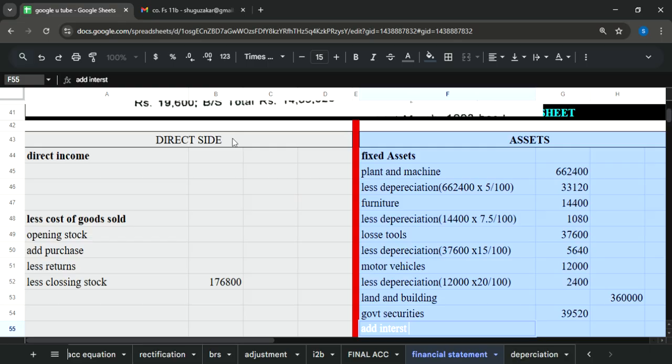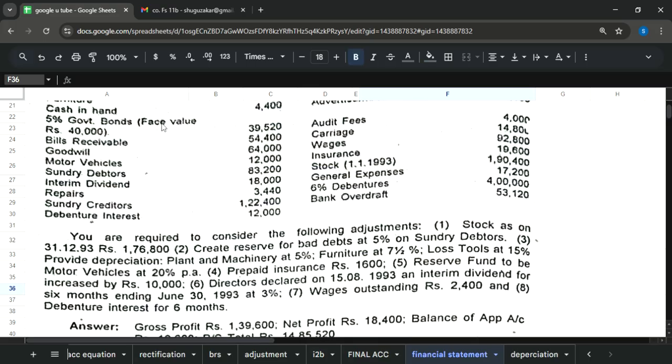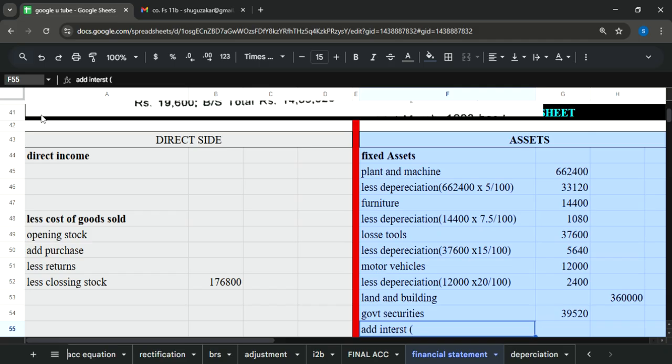Now we are going to calculate. For that, please understand that 40,000 was the original amount and 5% was the rate. So here, 40,000, and you will take 5% of 40,000 to get interest. 40,000 multiplied by 5 divided by 100.